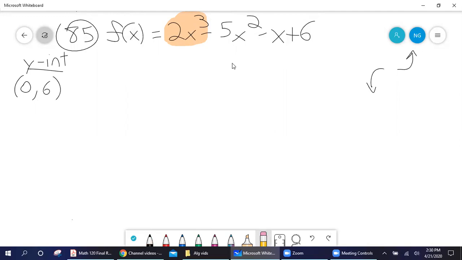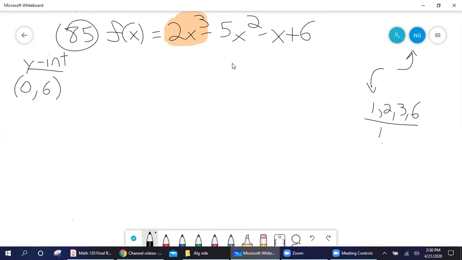The zeros, the x-intercepts, that's what's going to take a while. I have to go back to my possibles, which is going to be all the factors of the constant, which was 6. So all the factors of 6, 1, 2, 3, and 6, over all the factors of the leading coefficient, which is 1 and 2.